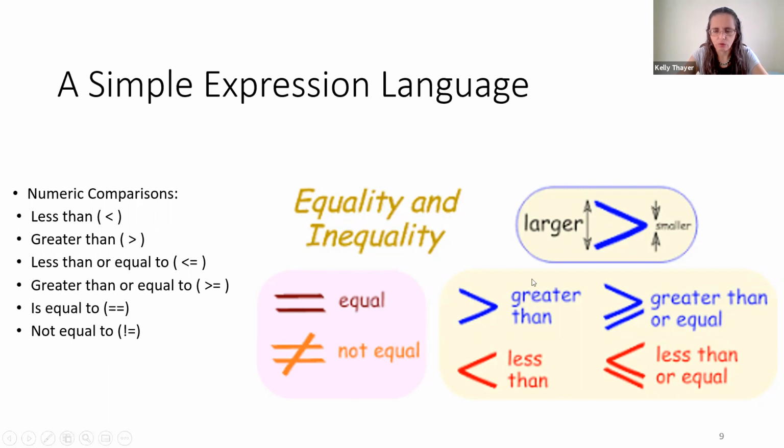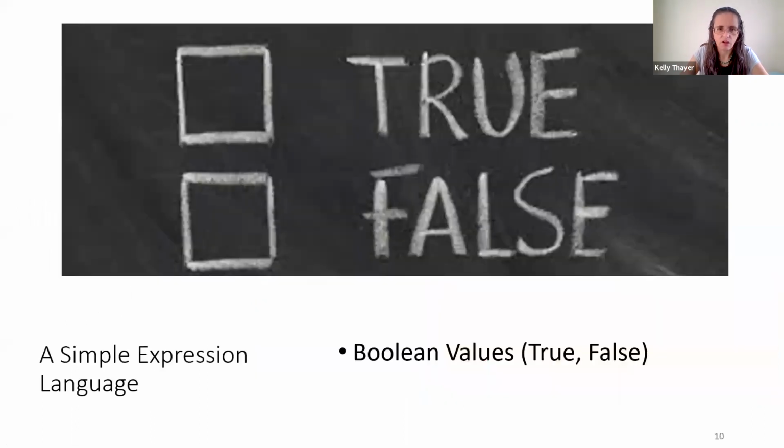Are these things not equal? Is the expression on the left greater than the expression on the right? So these kinds of symbols are used when we are trying to ask the question, is something greater than, is something less than, or so forth, than something else, and they will return a Boolean, which is a true or false value.